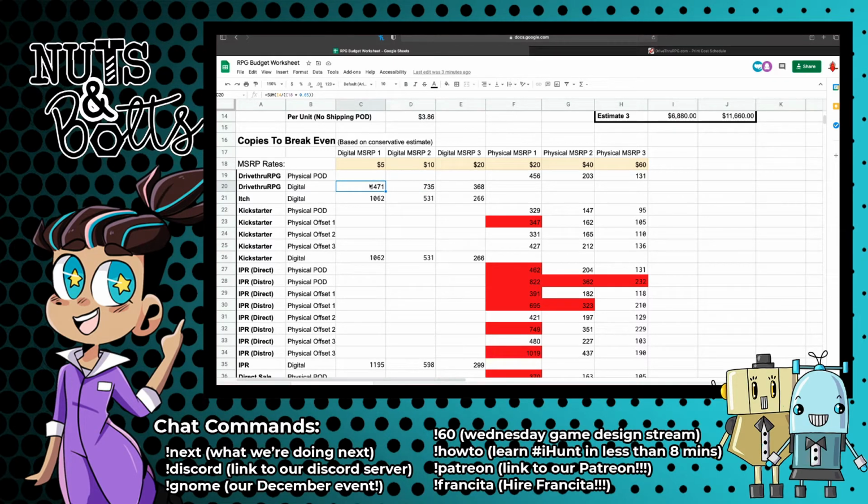So if you don't think that selling 1,471 copies is possible, then that $5 price tag is bad. Don't do it. But this is letting you compare and contrast. You got $5, $10, $20, and then we've got for physicals 20, 40, and 60. I'm going to say, I think we are going to do 10, 20, and 30.